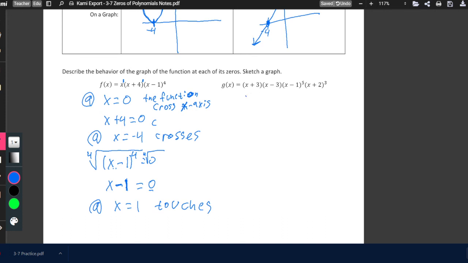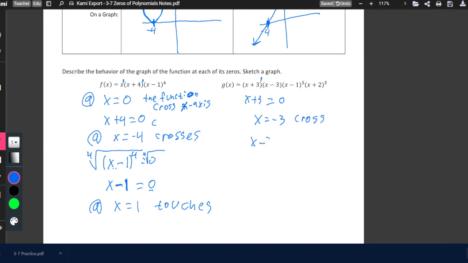So for our first one, x plus 3, our first thing is always going to be set it equal to 0. What's our 0? -3. Perfect. So x equals -3. Does it cross or just touch? Look at the degree. It'll cross because it's to the power 1, which is an odd degree, so it's going to cross the x-axis.